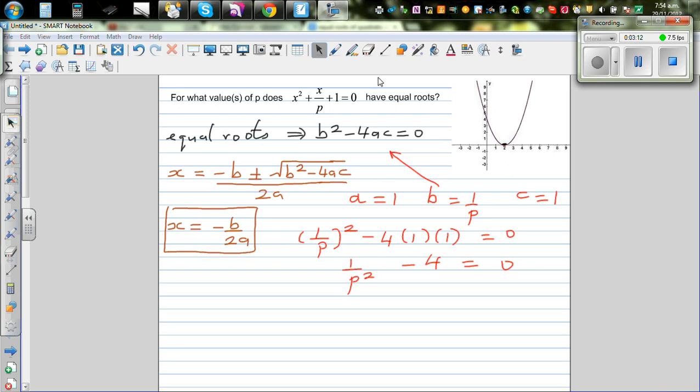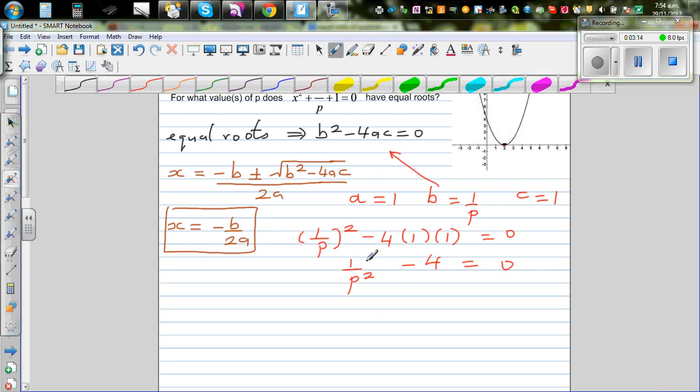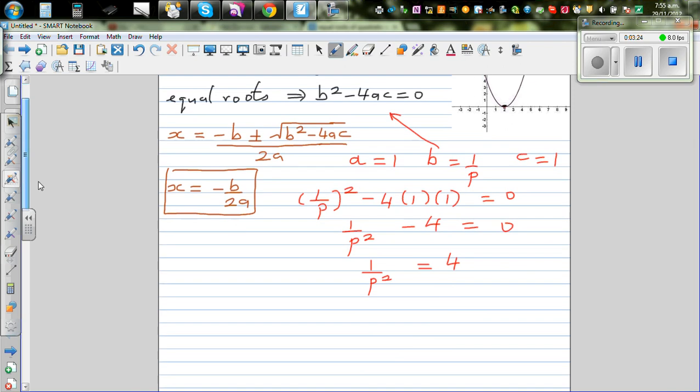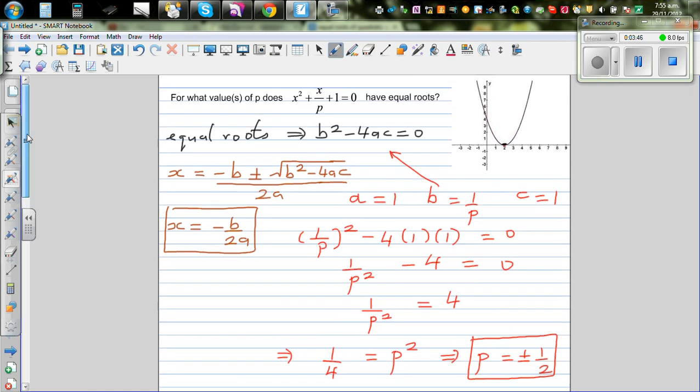Making this the subject, 1 over p squared equals 4. Now making p the subject, this implies 1 over 4 is equal to p squared, which implies p is plus or minus 1/2. So when p is plus or minus 1/2, this will become a perfect square.